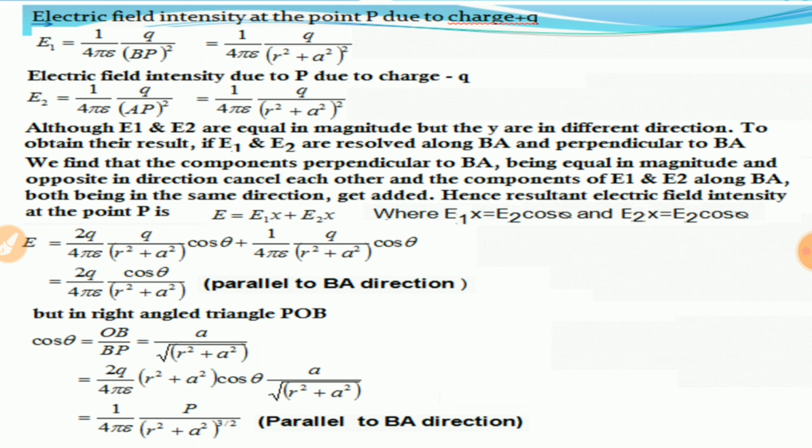Putting these values in our formula, the answer will be E is equal to 2Q upon 4 pi epsilon, 1 upon r square plus a square, into a upon under root r square plus a square. We know that P is equal to 2a into Q. So E is equal to 1 upon 4 pi epsilon, P upon (r square plus a square) to the power 3 by 2.